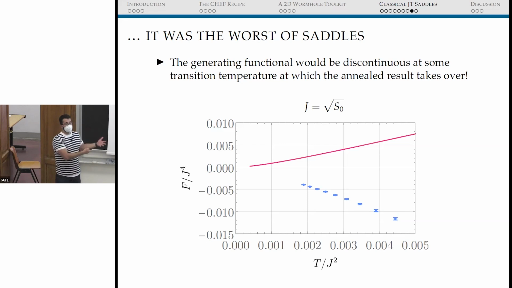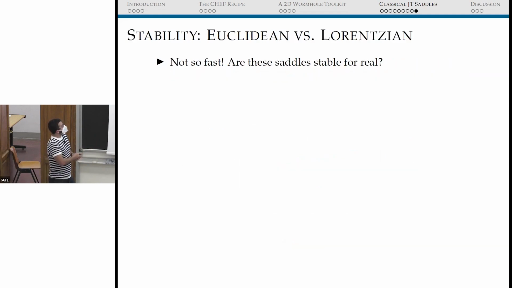So you should take seriously that there are contributions beyond just the annealed saddles. There's another subtlety, and that's my last comment, which is one of stability. What I showed to you were saddles, and I was claiming that they are stable, but whether they're stable or not is actually a bit subtle.